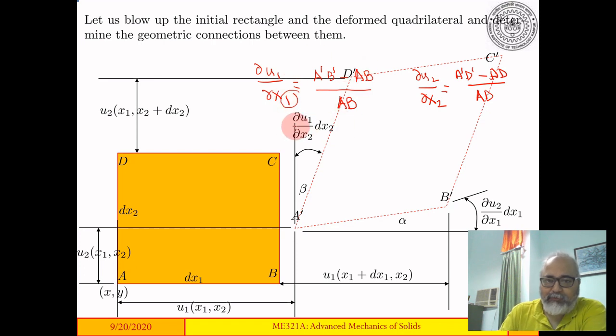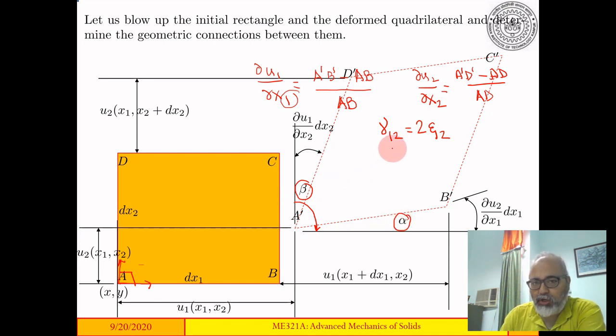The engineering shear strains, for example gamma 12, which is 2 times epsilon 12, we know, is actually the change in this angle. So it is the change in angle between 2 lines, one oriented along the x direction and one oriented along the y direction. The angle between them initially is of course 90 degrees. So this 90 degree angle minus this beta minus this alpha, which are supposedly small angles, gives you the engineering shear strain. Half of that is the tensorial shear strain.